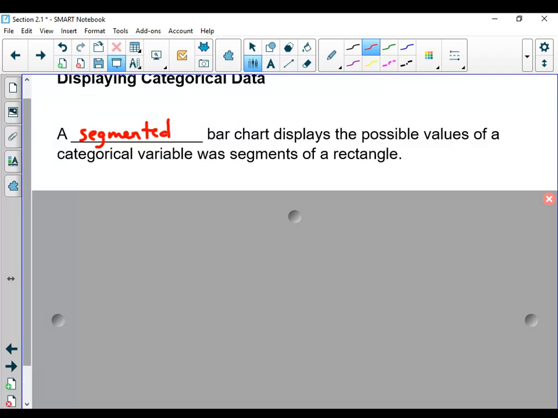The segmented bar chart, like it says, displays the possible values of a categorical variable, but it's going to break it into segments. If you remember back when we first did categorical, we really only had two ways to display them. We could do bar charts and we could do pie charts. Well, when we have two variables or two different sets of categorical data, we're going to stick with that bar chart. We're just going to divide it up into segments.